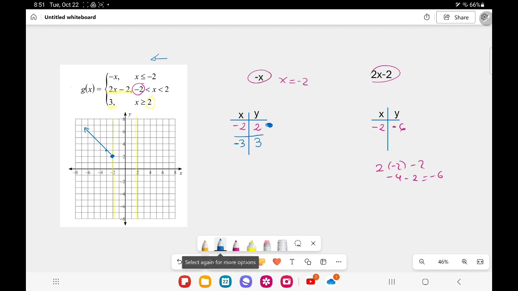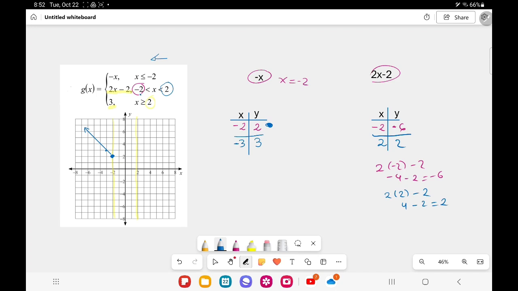Good. Now I need to evaluate the other end, when x is 2. So I will have 2 times 2 minus 2. This gives me 2. So I plot my second point, and now let's see open or closed.